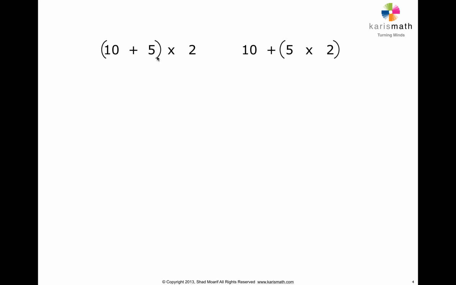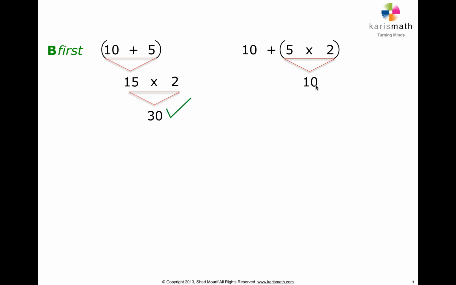And whatever is in the brackets has to be done first. So here we add 10 and 5 first, and then when we get the answer, we multiply it by 2 to get 30. Here we multiply 5 and 2 first. The answer is 10 added to this 10, and the answer is 20. So both answers are correct, but both answers are different because both questions were different.